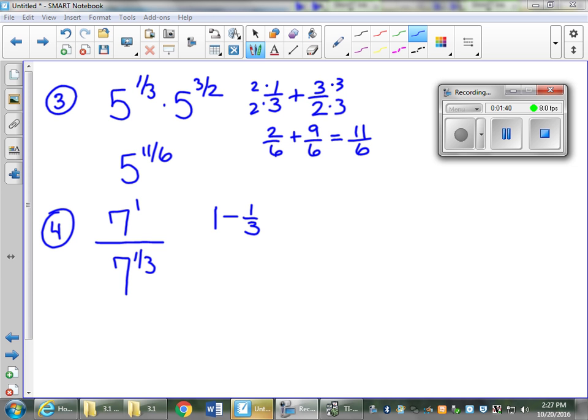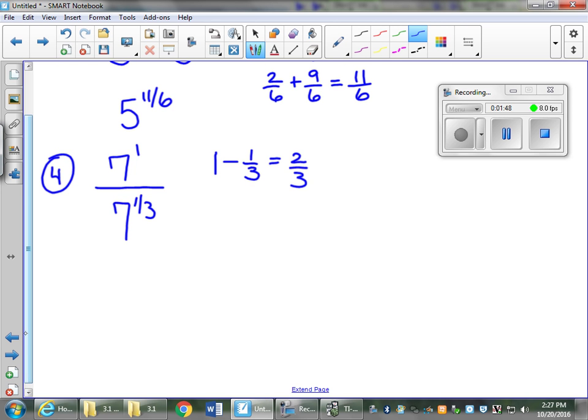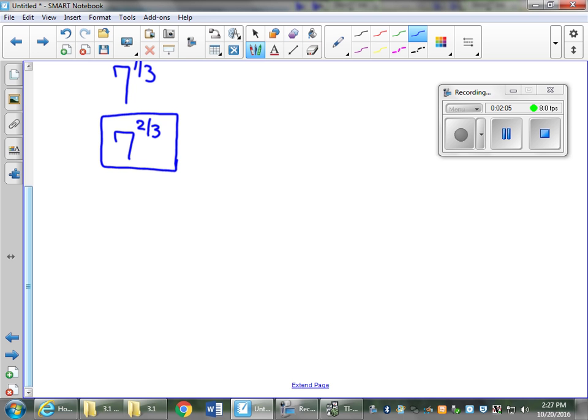If you have a whole and you subtract 1/3, you're going to end up with 2/3. So 7 divided by 7 to the 1/3 becomes 7 to the 2/3. And that is your answer. You cannot cancel out those 7s because of the exponents. The exponents are different. You cannot cancel those out.